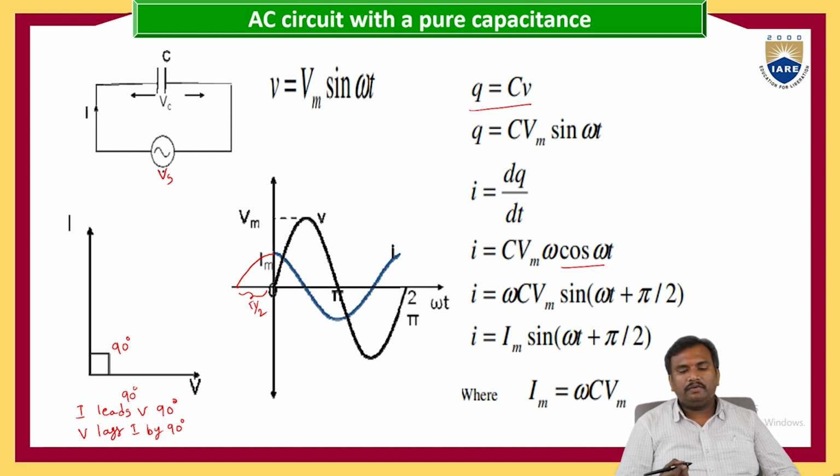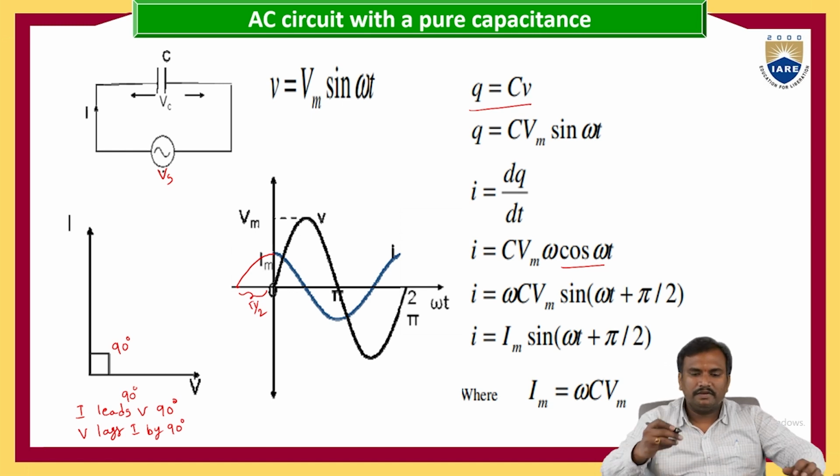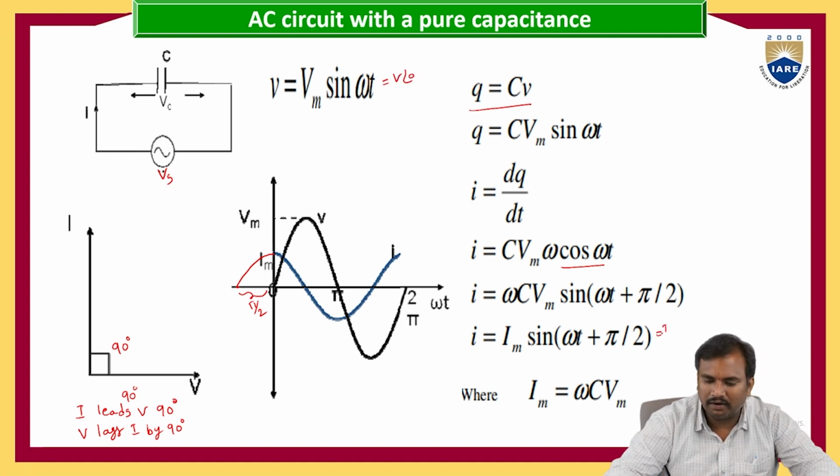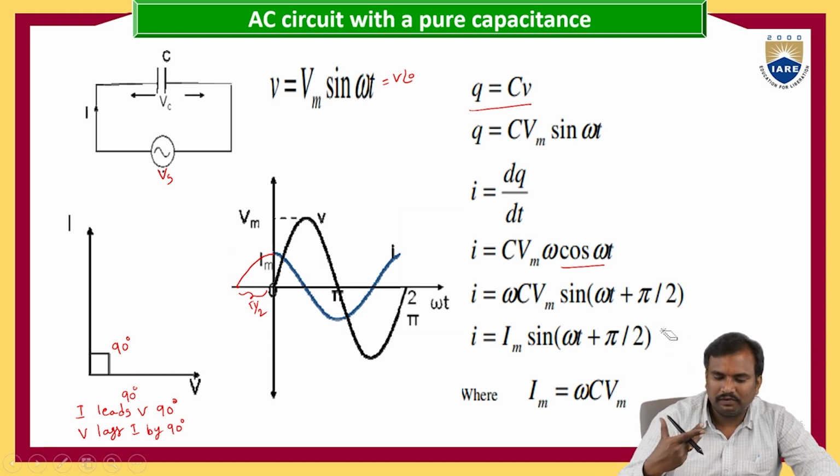Now we need to derive the value of impedance. V is at an angle 0, and here we are writing I at an angle 90.